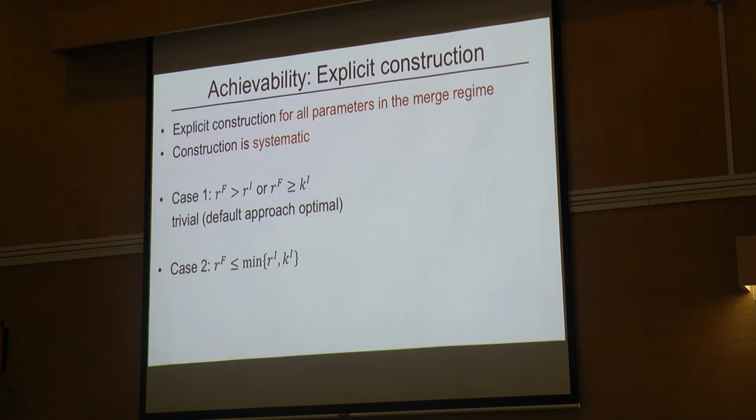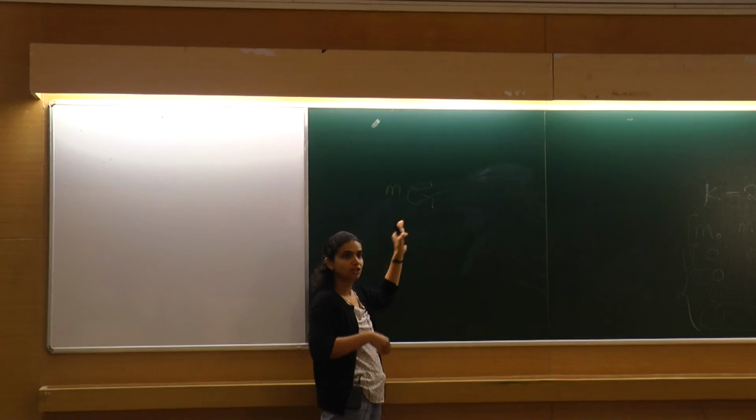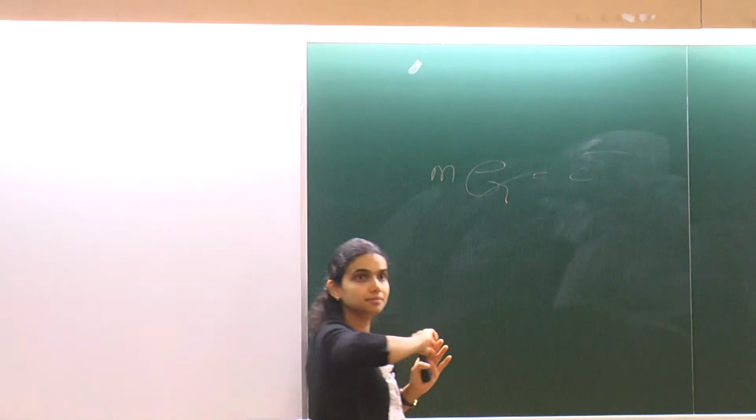So I mentioned that the code is systematic. In general, when we are looking at linear codes, one can specify a linear code completely by specifying what is called a generator matrix, denoted by G. Since in a linear code, parities are just linear combinations of message symbols, given any message vector M, you can multiply M with G to generate the codeword.